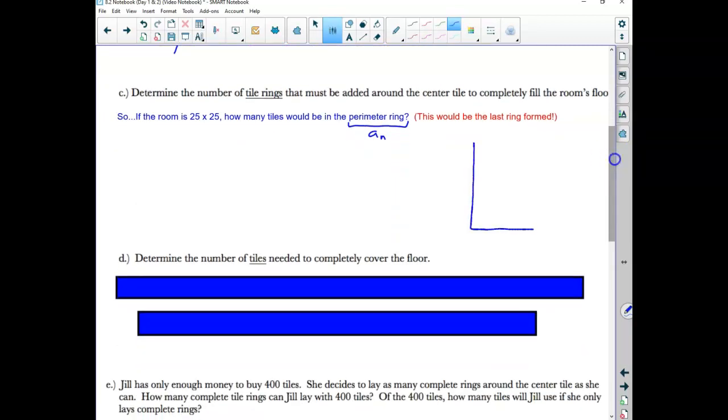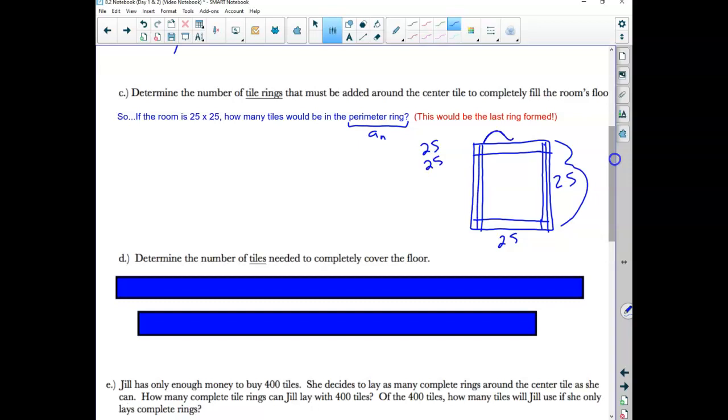Well, if I have a room that is 25 by 25, and I want to drop all these tiles in here, and I'm going to be a little lazy, I'm not going to draw them all in there, but I know I have 25 tiles along this side, 25 tiles there. If I add up this side, I'm going to have 25 tiles. If I add up this side, I'm going to have 25 tiles.